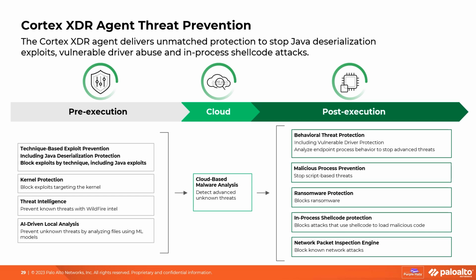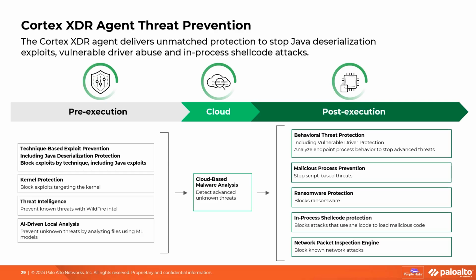If so, do not let it execute. And we also have an AI-driven local analysis agent and module that allows us to look at a file and its attributes and a process and its attributes and decide if that is a malicious process. If so, we will prevent it from loading and executing.